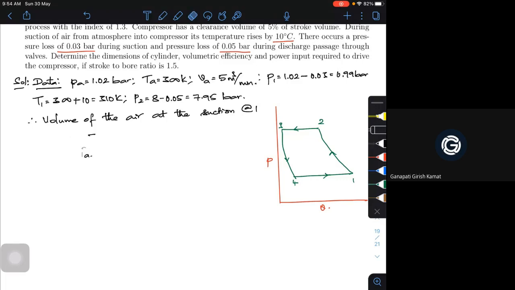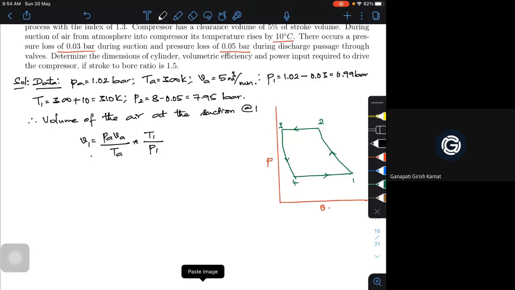If I go by the PV equals MRT equation, the volume of the air, which we have already derived, will be PA into VA divided by TA, into T1 divided by P1.